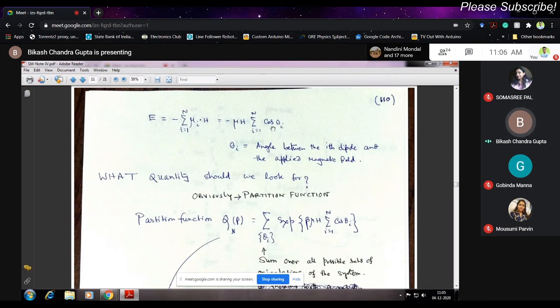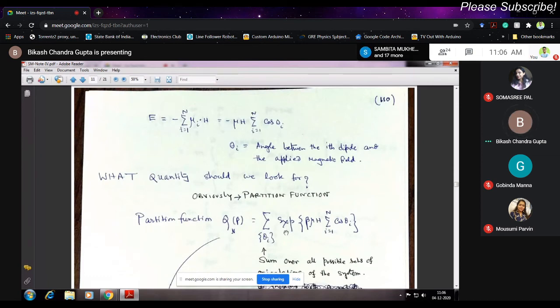For instance, the ith dipole is making an angle theta i with the direction of the magnetic field, and you are summing over all the potential energies of each dipole, and that's how you are getting this. This is one configuration.